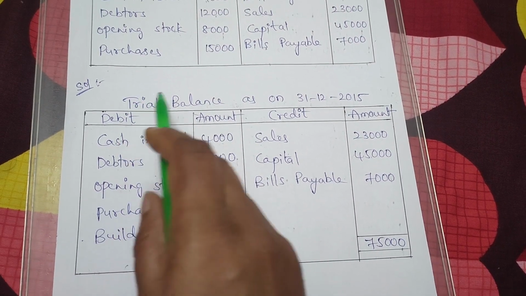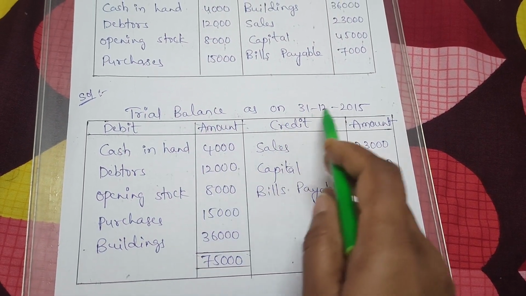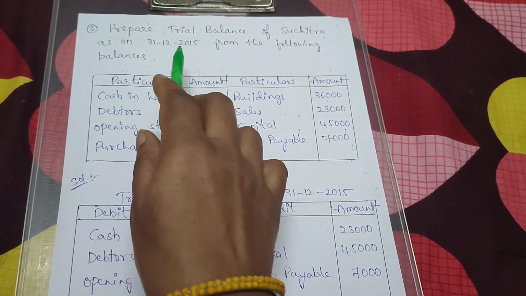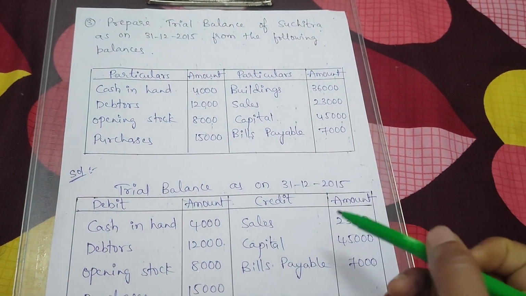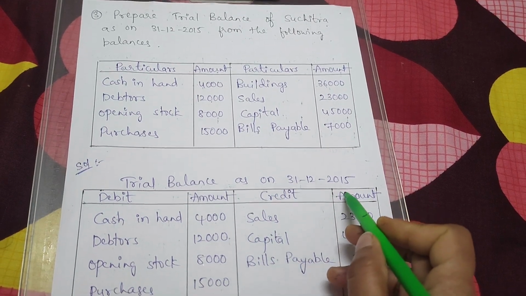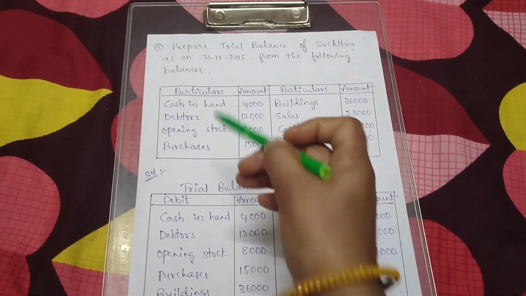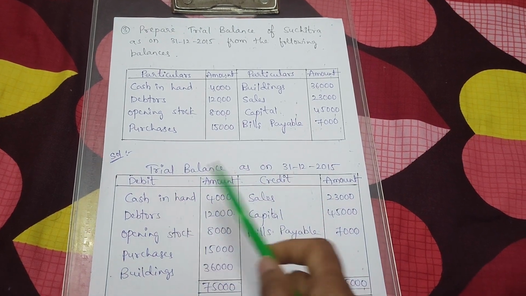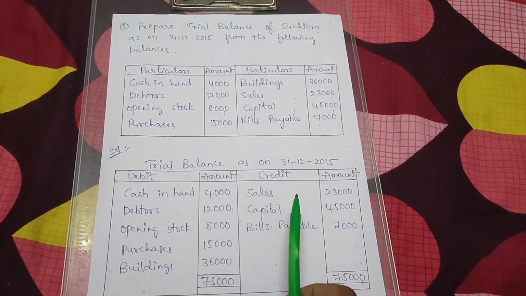On the top we should mention trial balance and the date given in the question, as on 31st December 2015. And next we should see the items given here and record them under the proper side, either debit or credit.